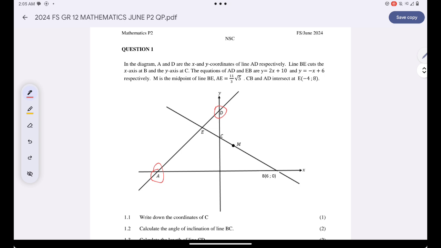Line AB cuts the x-axis at B, and the y-axis at C. The equations of AD and EB are y is equal to 2x plus 10, and y is equal to minus x plus 6 respectively.